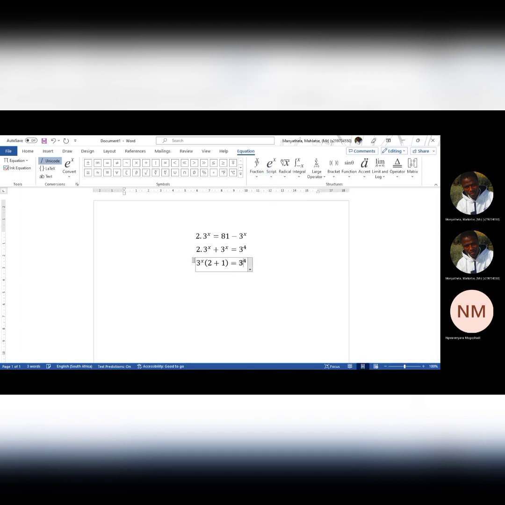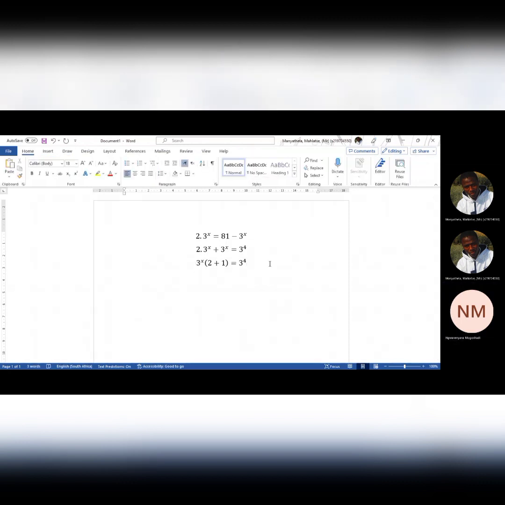So 2 plus 1 is 3 again. We divide the whole equation by what is inside the bracket, which is 3.